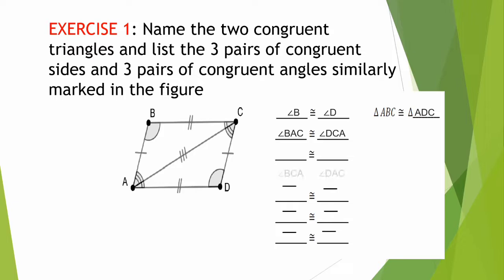And for the corresponding sides, we have side EB is congruent to side DC, side BC is congruent to side DE, and side EC is congruent to side EC. So therefore, triangle EBC is congruent to triangle EDC.